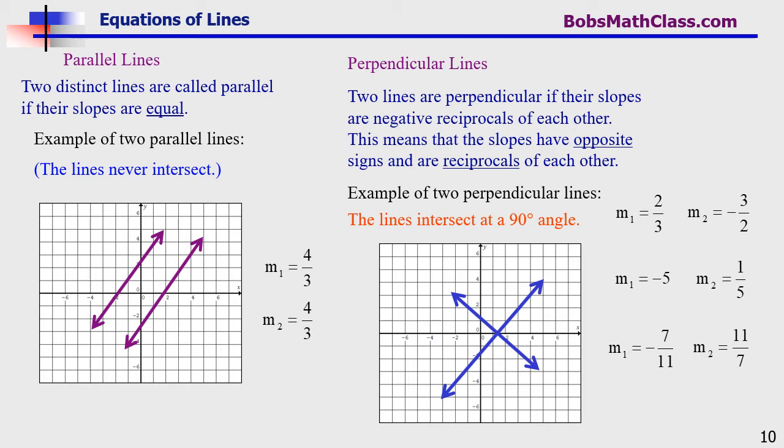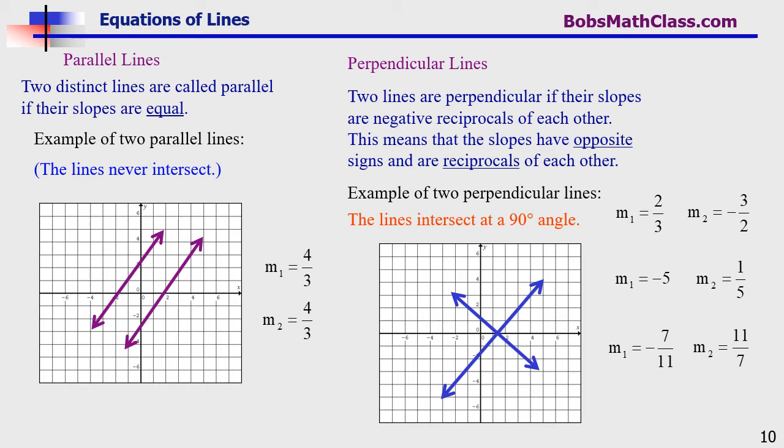These are just some examples on the side. If one of them is 2/3, then the other one is -3/2. See how the numerator and denominator are swapped? And one of them is positive and the other one's negative.